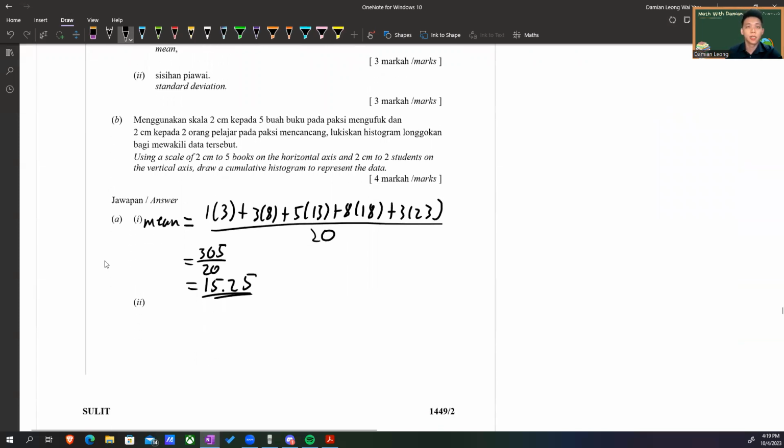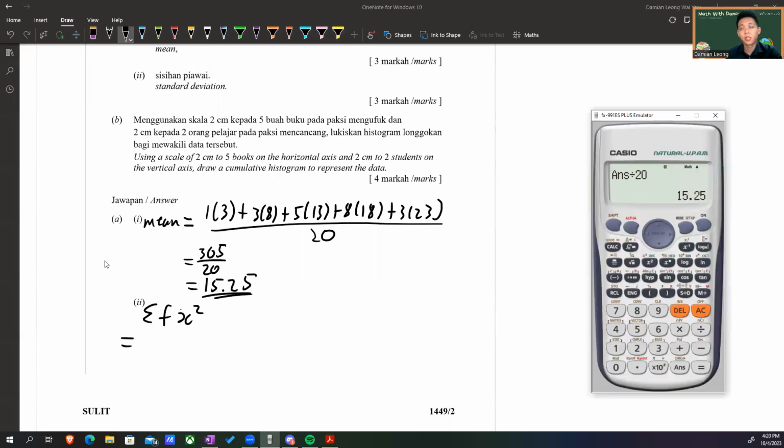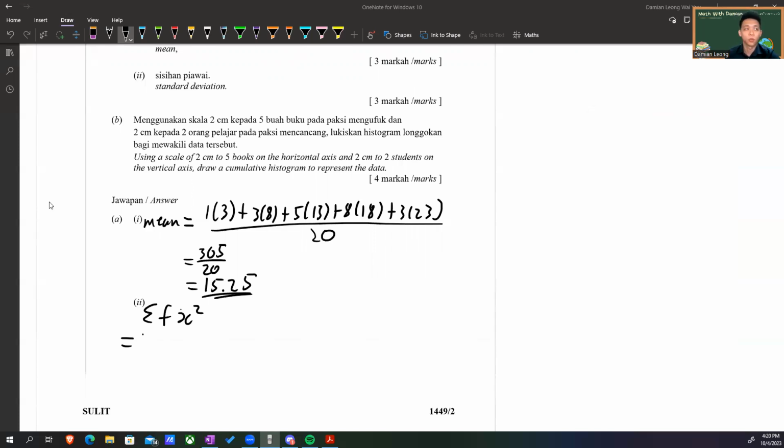Standard deviation. I need sum of fx squared. So each of the frequency times the midpoint squared. So square each of the midpoint: 3 square, 8 square, 13 square, 18 square, 23 square. Yeah. So it's 5225.